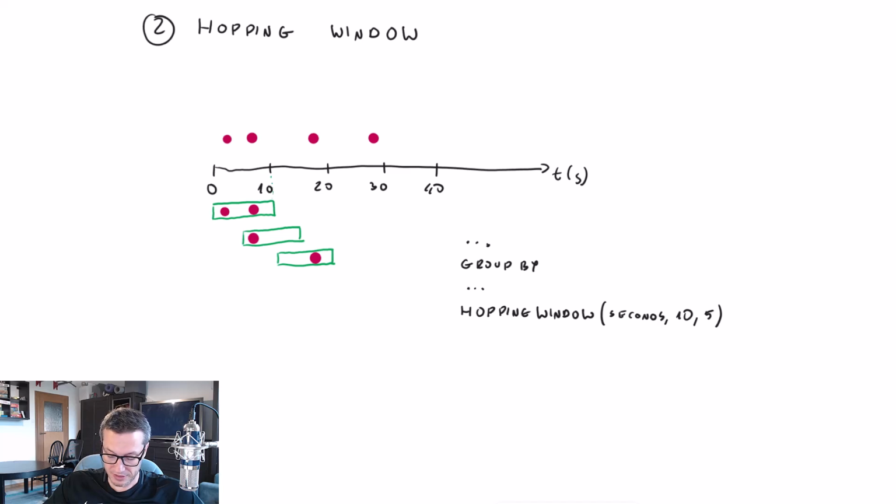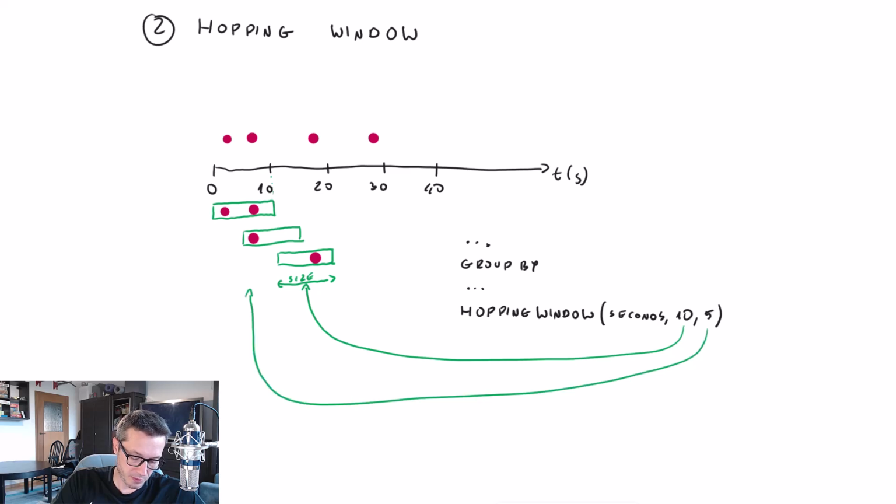So basically the parameters are as follows. So this one indicates the size of our window, and the last one indicates the hop size or delay. And now, if you configure hopping window in a specific way, it would behave exactly as the tumbling window.